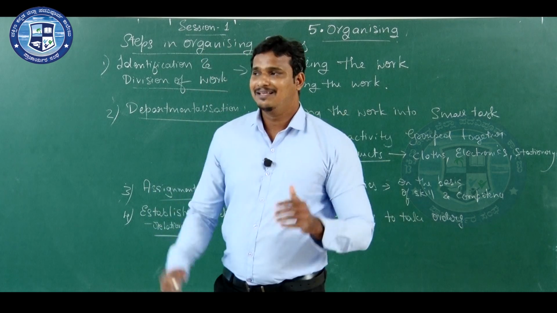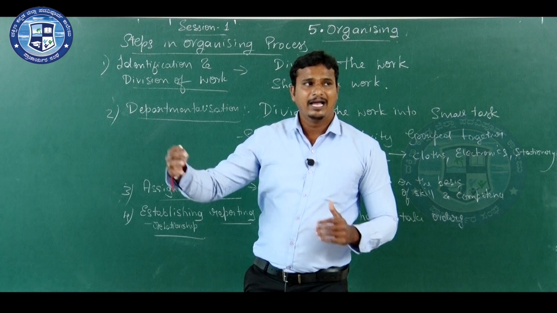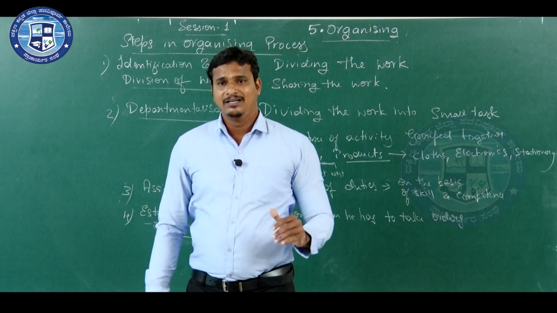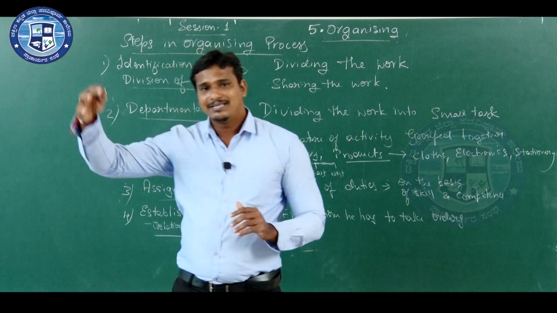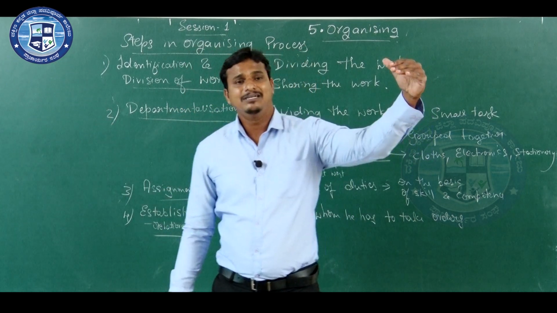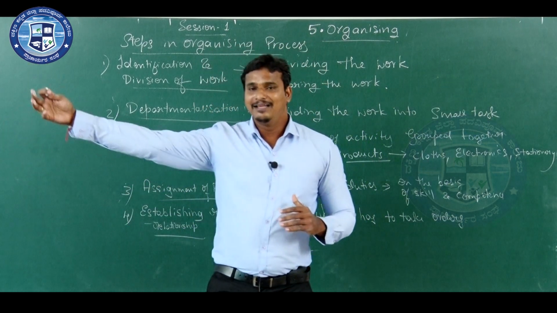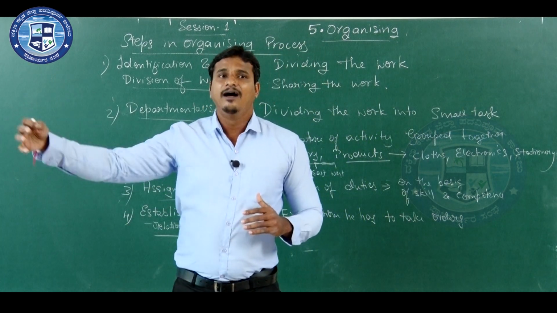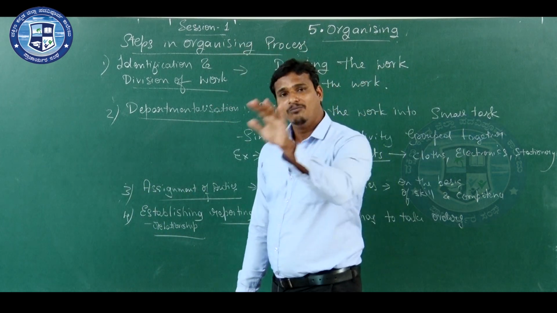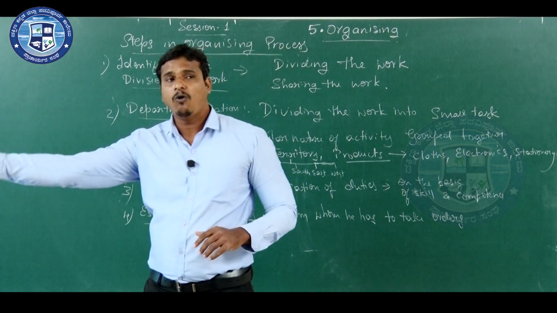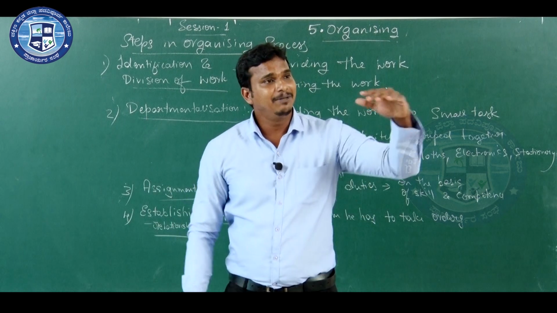To group 1, I will say, take out all the Kannada subject books and keep them in shelf number 1. Group number 2, take out all the science related books and keep them in shelf number 2. The third group, unload all the commerce related books and keep them in shelf number 3. One more group, take all the arts related books, keep them in shelf number 4.